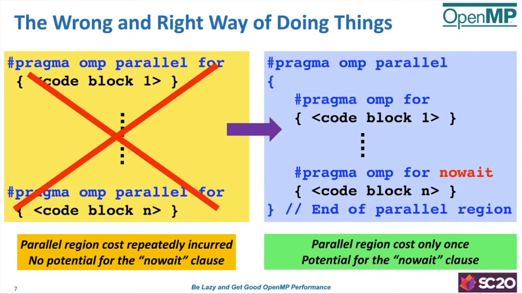Now, admittedly, a smart compiler could do that for you, but I don't think compiler technology has progressed to the level that it will actually remove that barrier. So it's better for you to include a nowait and at least shave off one barrier, but maybe even more. Again, you pay the cost only once, and there are more opportunities to use the nowait clause. It performs much better, and you'll be surprised how much better.